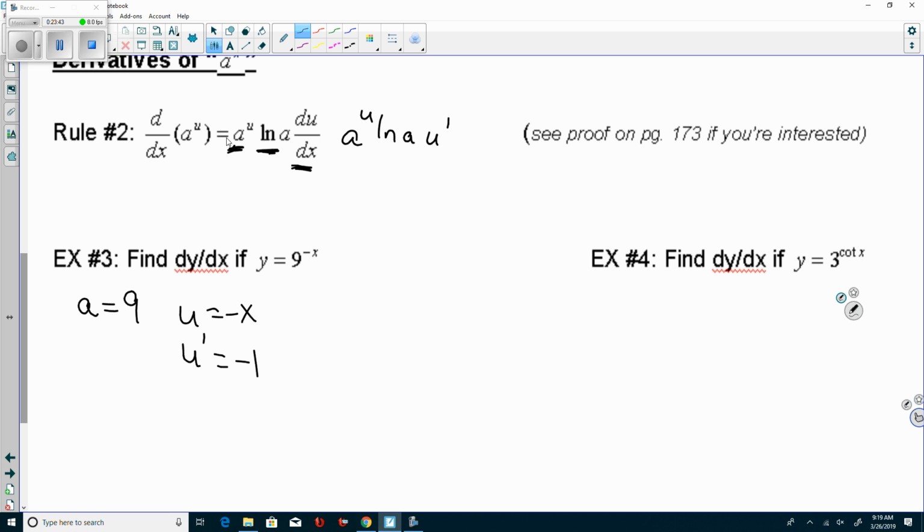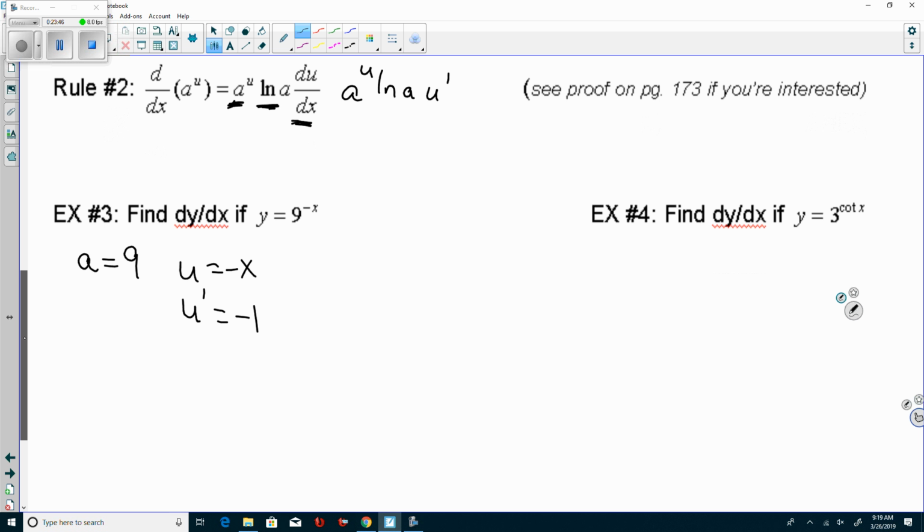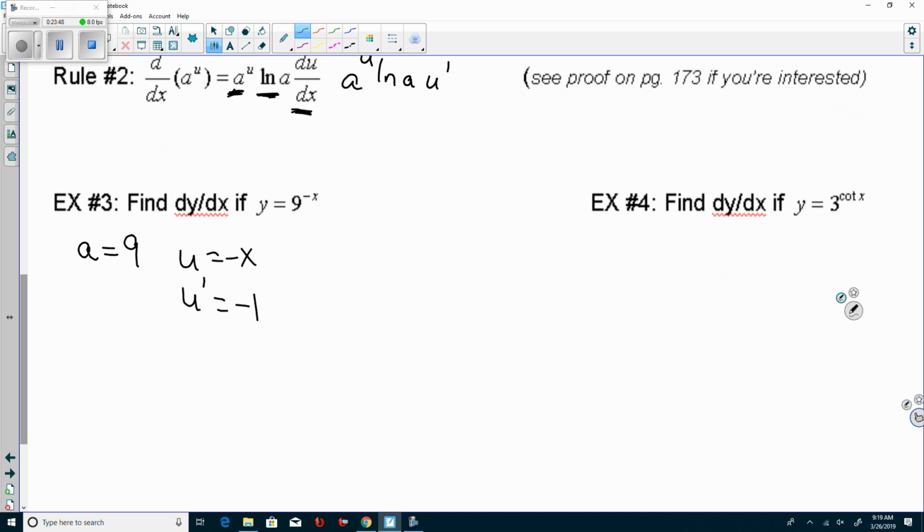Just follow plugging right in. a to the u is the same as you started with, 9 to the negative x, ln a, and times your negative 1.